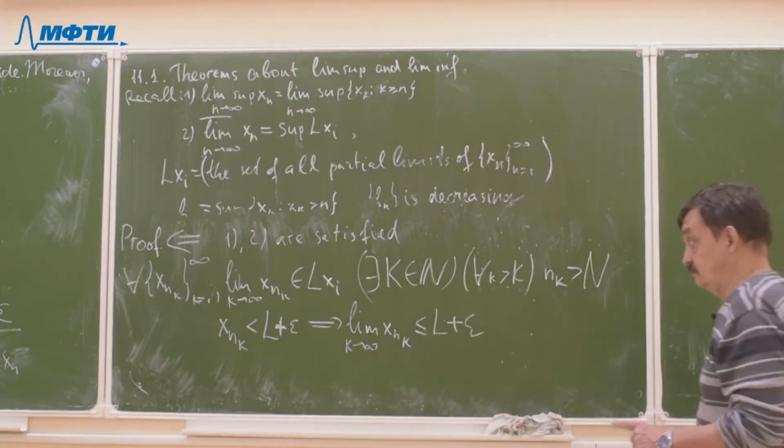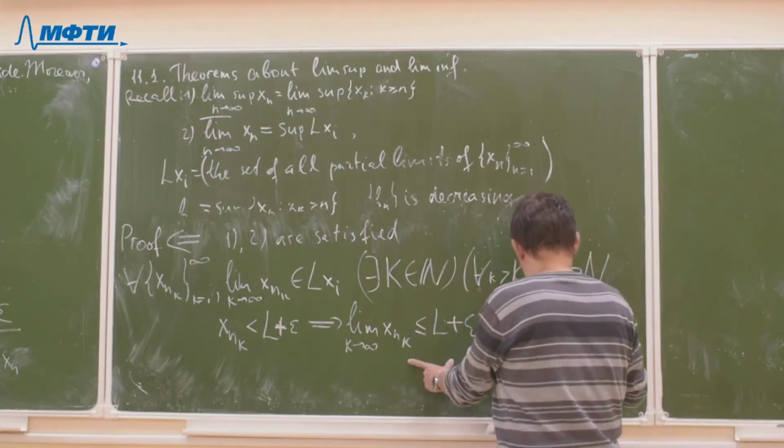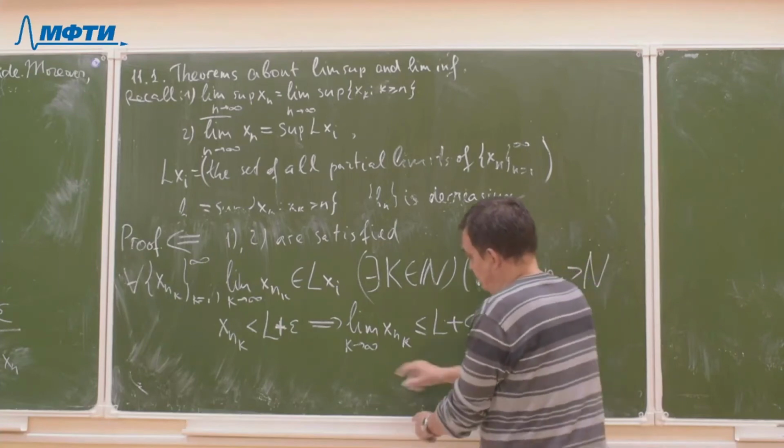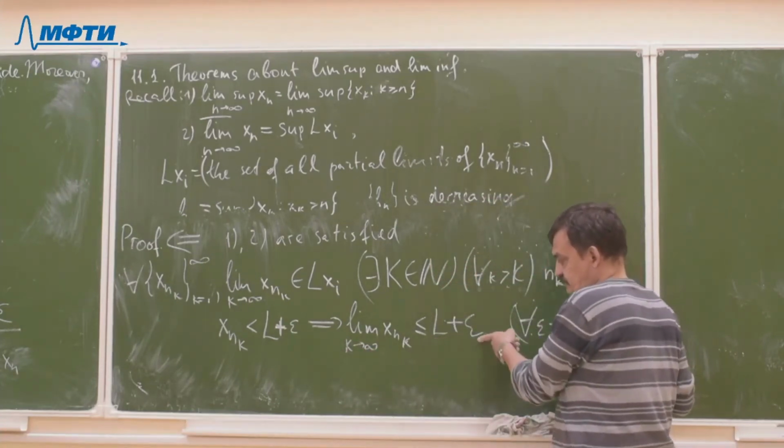Now look what we have proved. We have proved that for arbitrary epsilon greater than 0, partial limits are less or equal than L plus epsilon.